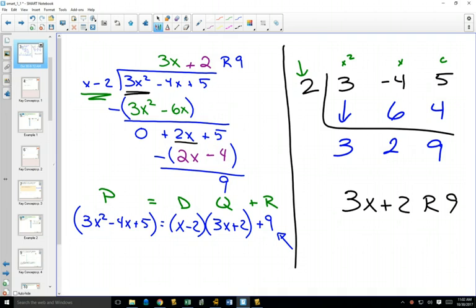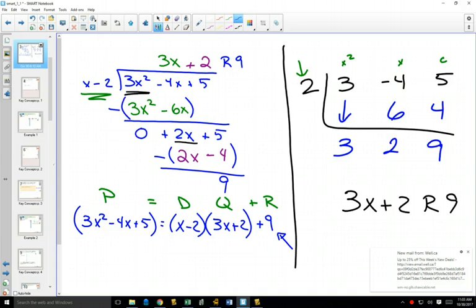If you're dividing by anything else, like 3x plus 5, you will have to go back to long division. There are new synthetic techniques for that as well, but we're not going to learn them. We're just going to learn synthetic division when we're dividing by something like x plus 1 or x minus 5 or x plus 3. So with that in mind, that's why we always bring down the first value, which is 3 in this case.